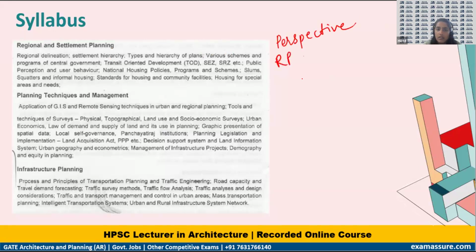Regional plan, local area plan. What are the scales? What is the difference? Who is dealing with what level of scale? What level of details? What is your TOD, concepts of TOD, national housing policies, various government program schemes. तुम्हारा स्मार्ट सिटीज आ गया इसमें.